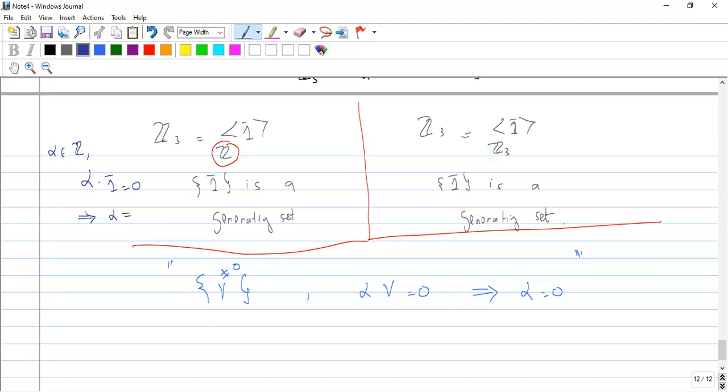You could not imply this thing because alpha n भी तो हो सकता है, 2n भी तो हो सकता है. And here alpha is an element of Z3, that is it could be equal to 0 bar, 1 bar and 2 bar. So if alpha times 1 bar is equal to 0 here, तो इसका मतलब ये कि alpha खुद ब खुद 0 के बराबर आ जाएगा.